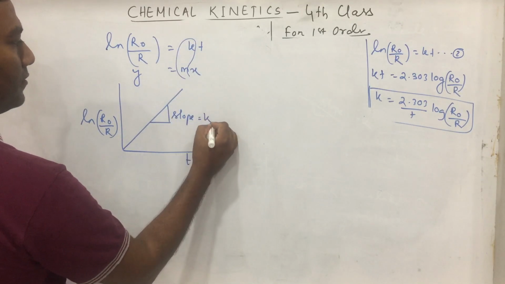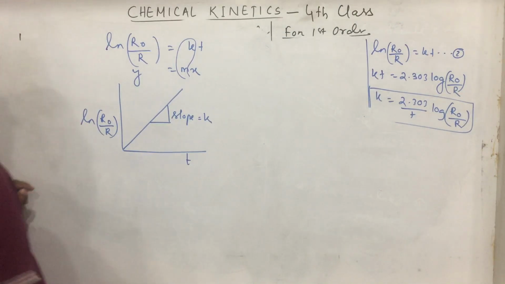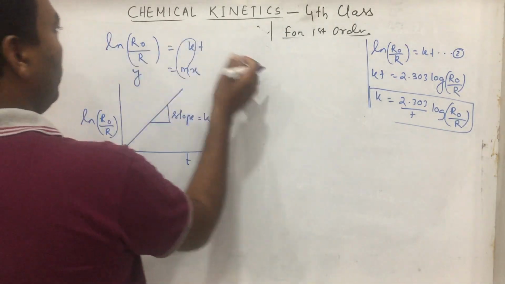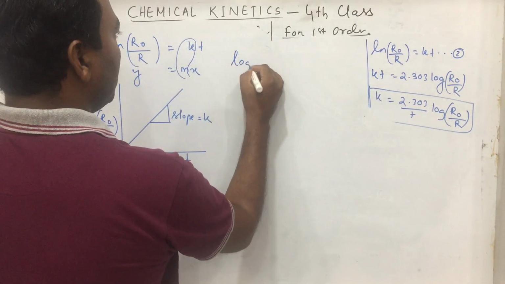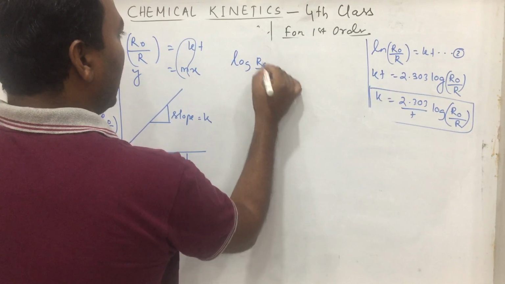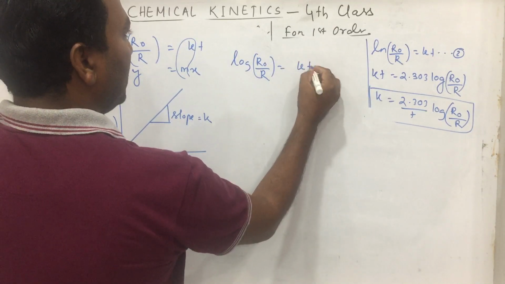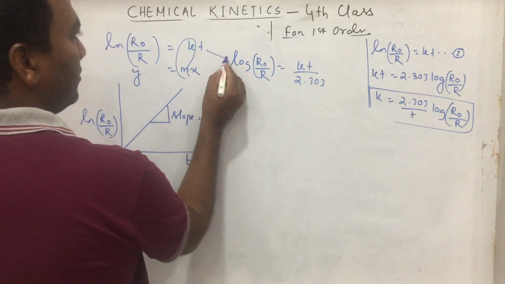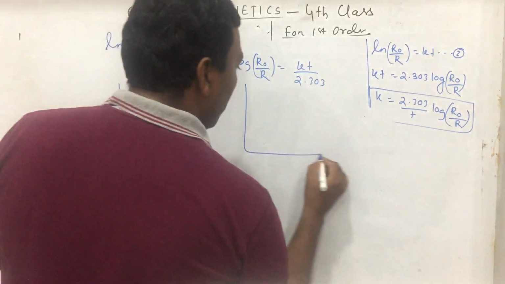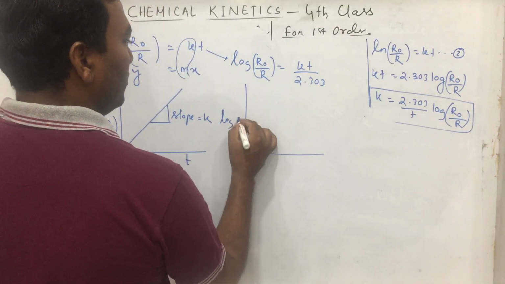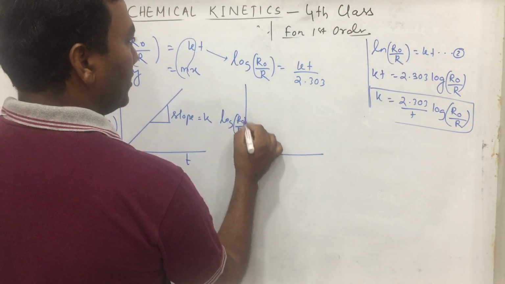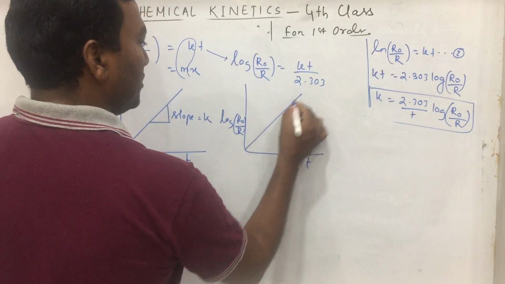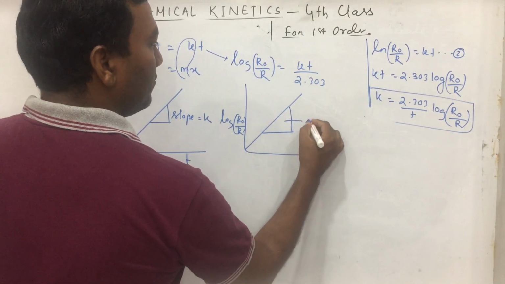K. Similarly, if we expand into log form, we can write log r naught by r equals kt divided by 2.303. This equation, yes or no? Again, if we plot the graph of log r naught by r versus t, it is the same thing, only the slope will be different.